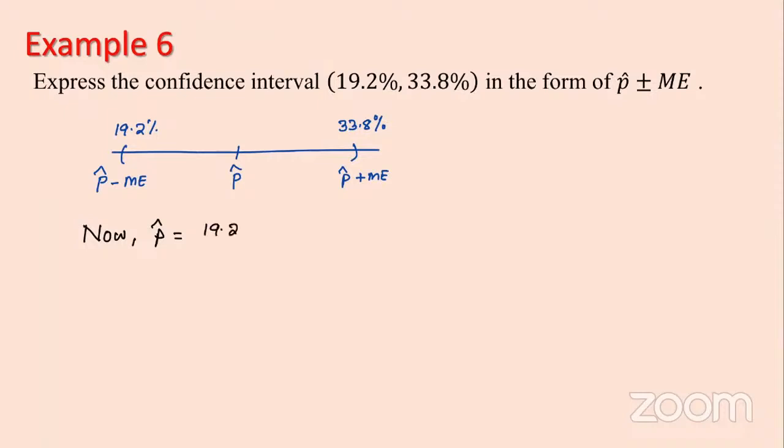19.2 plus 33.8 divided by 2, which is equal to 53 divided by 2, and that is equal to 26.5%, right? Make sure you check that. 19.2 plus 33.8, which is 53, divide that by 2, you get 26.5.